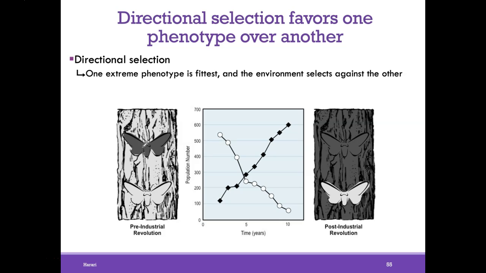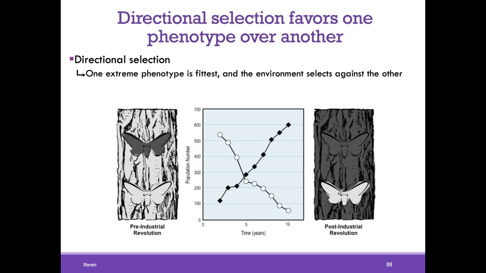But what's interesting is that after the Industrial Revolution, there was a lot of coal and soot in the environment, and that actually caused the trees to be darker. And that switched directional selection. In this case, it was the darker moths that were favored because they could blend in with the trees better, and now the white moths were selected against.